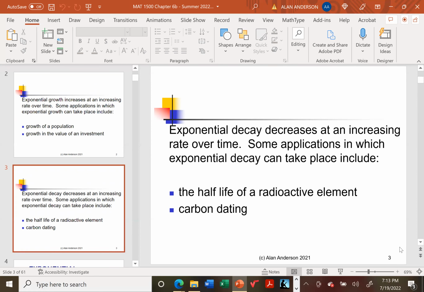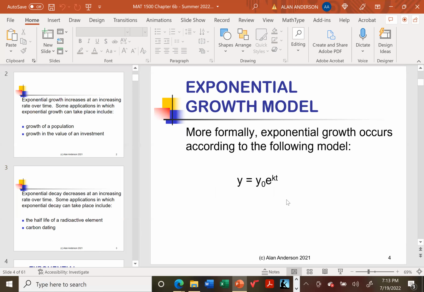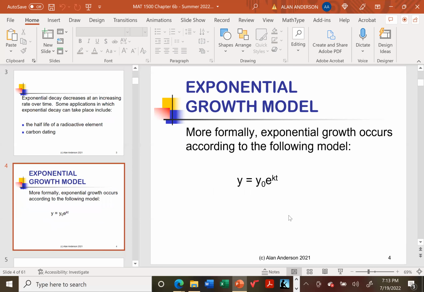Every show you've ever seen on TV where we're trying to figure out how old something is, often it is dated with carbon dating, and that's because the decay rate of the carbon-14 isotope is very well understood. So it's possible to figure out how old something is by using carbon dating, with a high degree of accuracy, that is. Anyway, so let's start at the beginning.